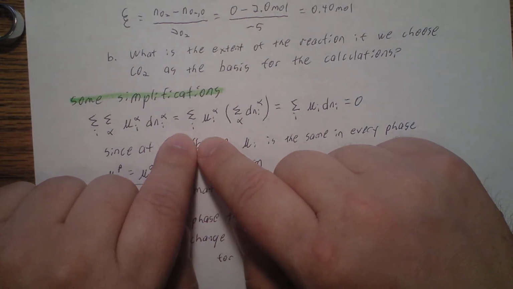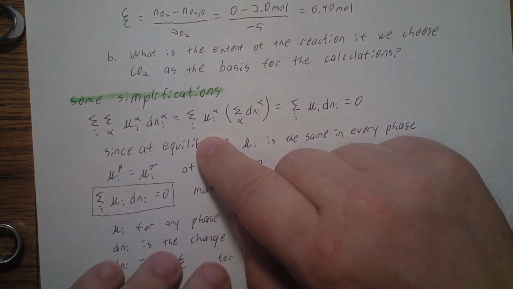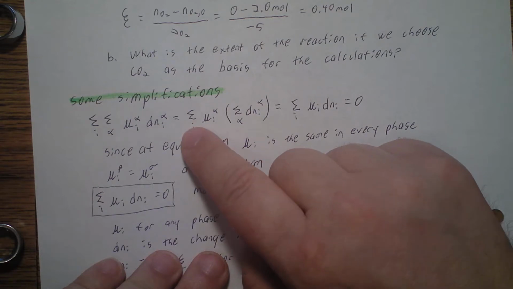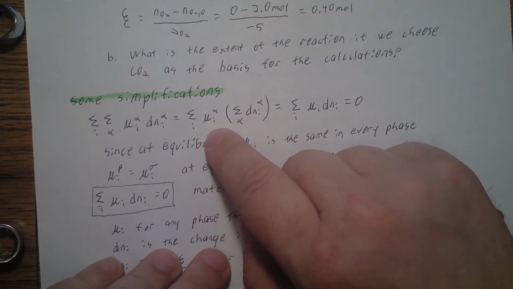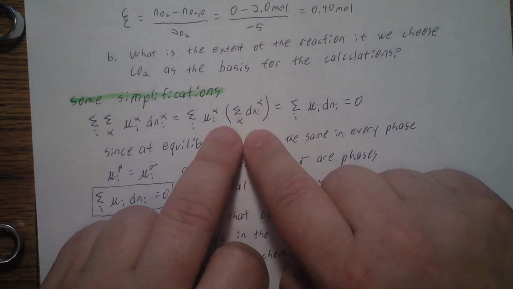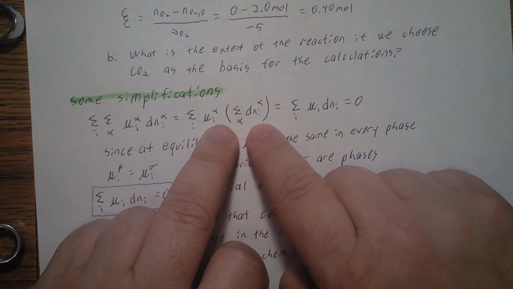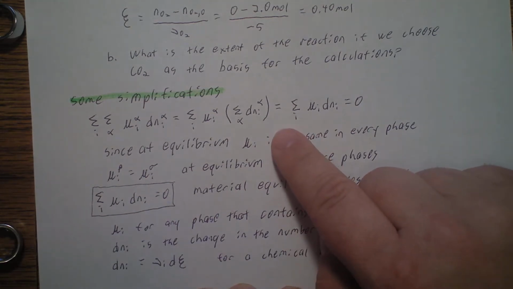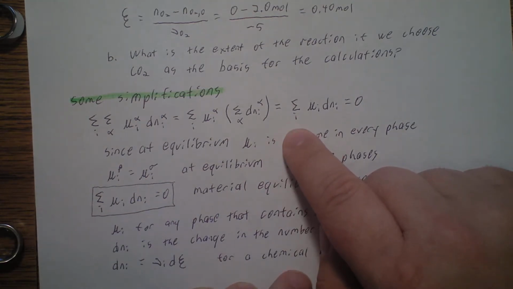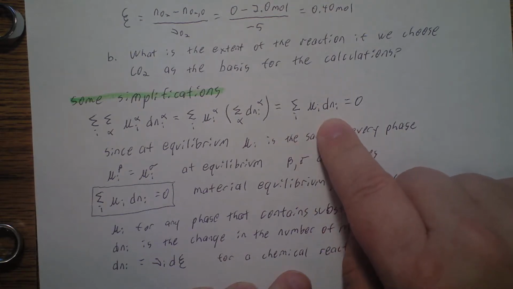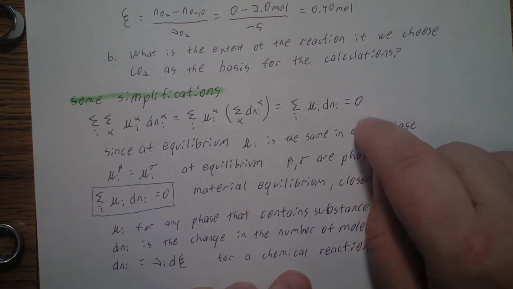So we could write that, distributing and moving around, as the sum over all the substances I of the chemical potential of substance I times the differential of the number of moles of substance I. That's going to be equal to 0.